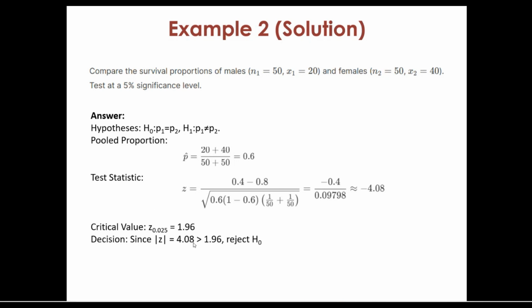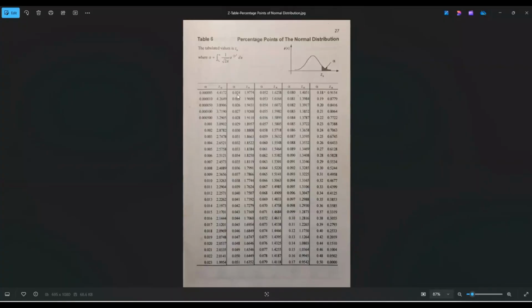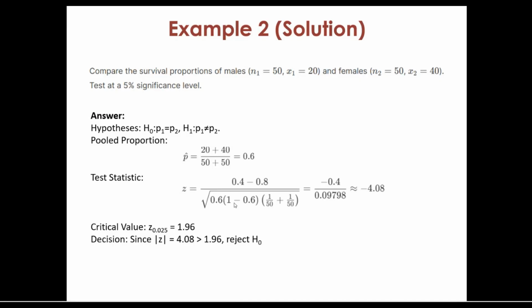If the calculated value is greater than the critical value, we reject the null hypothesis. So just now we have to look at the table, right? The 0.025 gives 1.96. It's again the same value, so you just do the comparison. 4.08 is greater than 1.96, so we reject the null hypothesis.